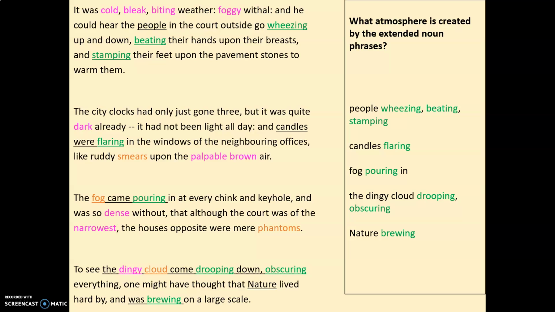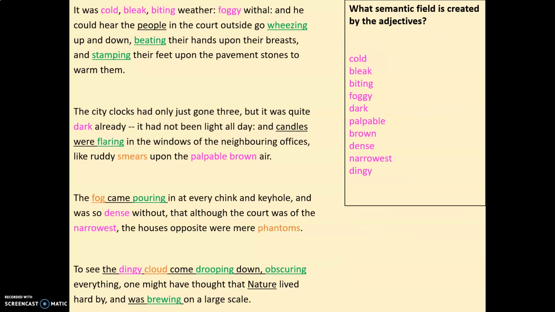People wheezing, beating, stamping, candles flaring, fog pouring in, the dingy cloud drooping, obscuring, and nature brewing. You've got the nouns, people, candles, fog, dingy cloud, nature, and then those verbs that add to that are part of that extended noun phrase that create that atmosphere. So think about if you can identify what atmosphere is created.